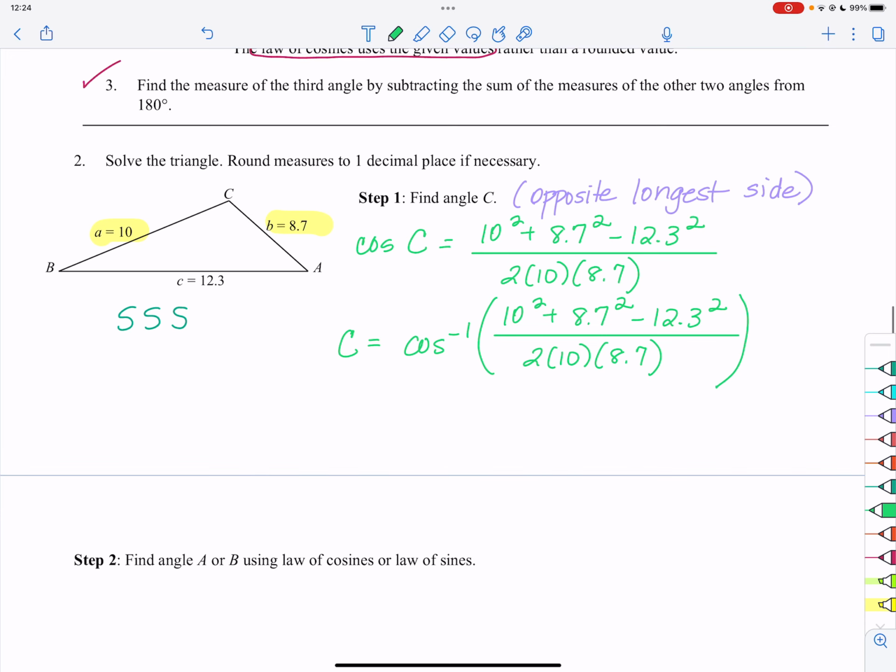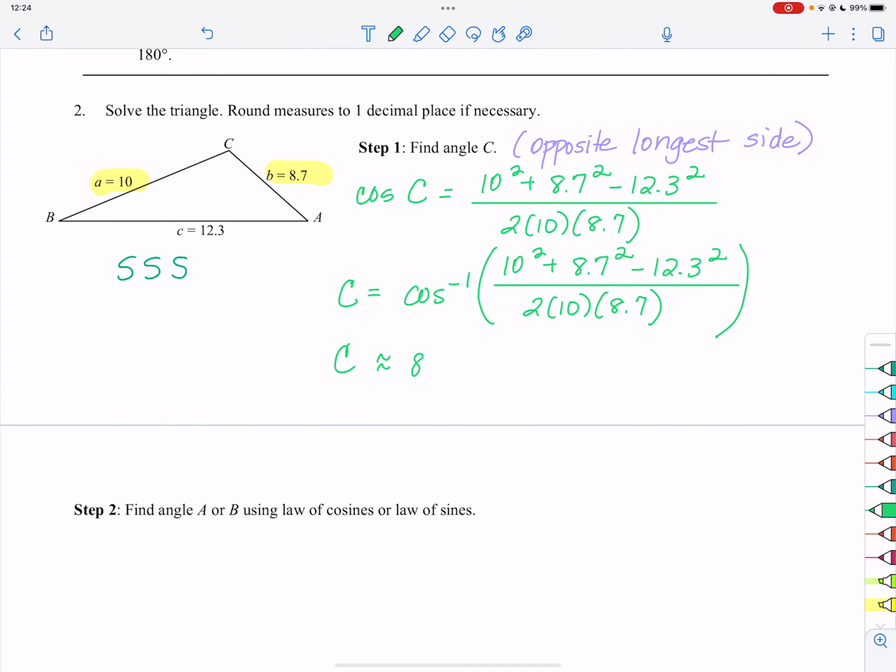And so we will have C is approximately equal to 81.9389 degrees. So for C we'll just use 81.9.